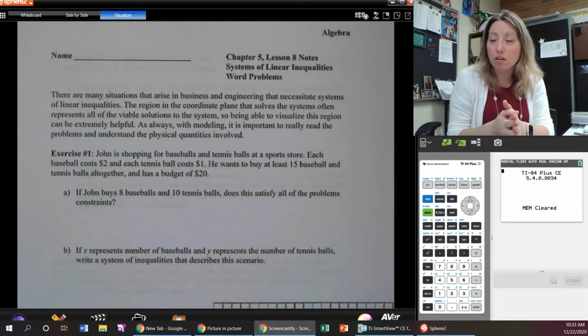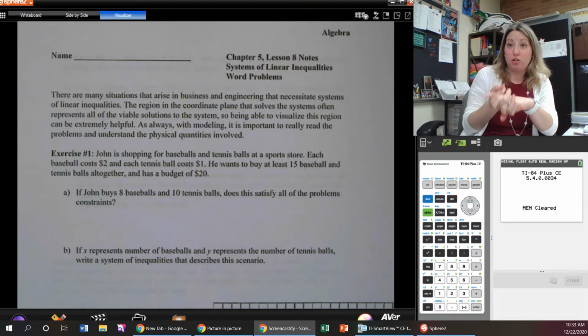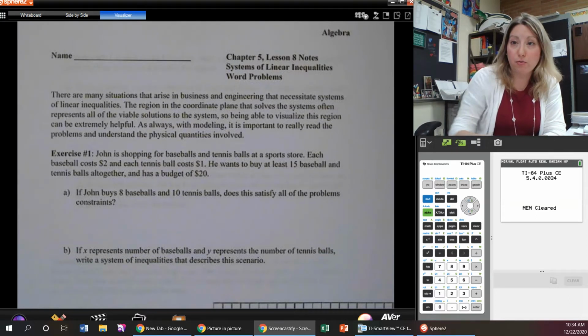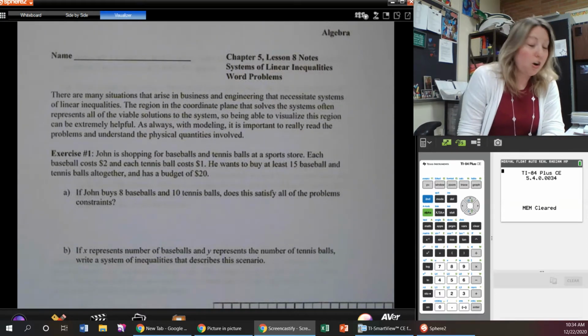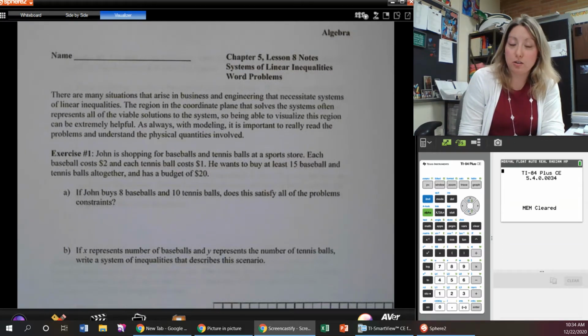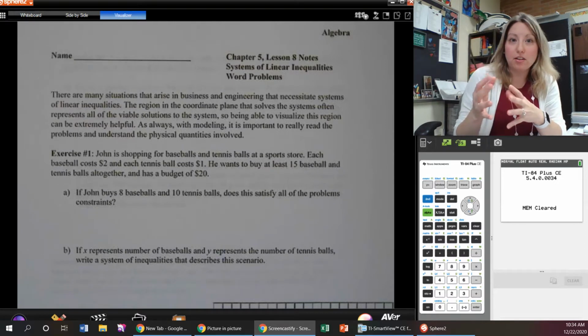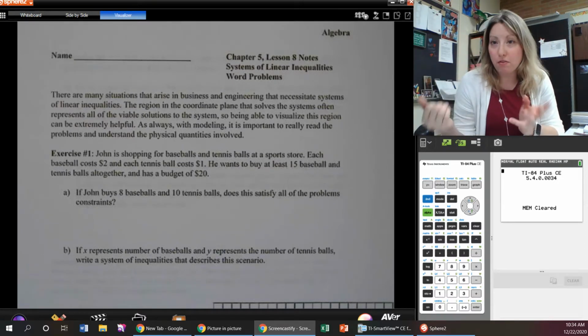I got a phone call when I was first starting teaching from my BFF in college, and her boyfriend at the time, now husband, called me to ask me to go through systems of linear inequalities with him because he had to create a chart that gave the best business model with these specific variables.